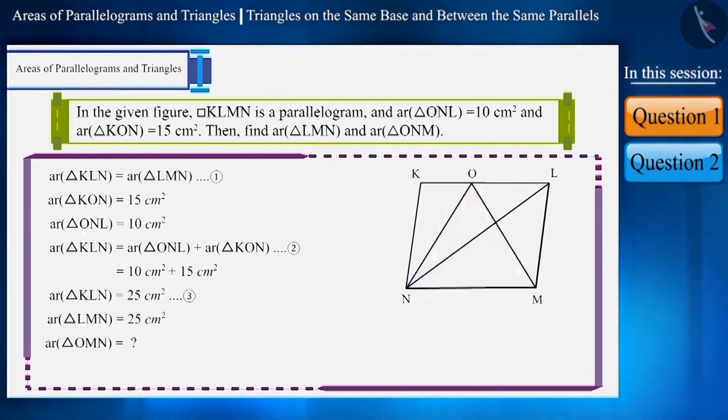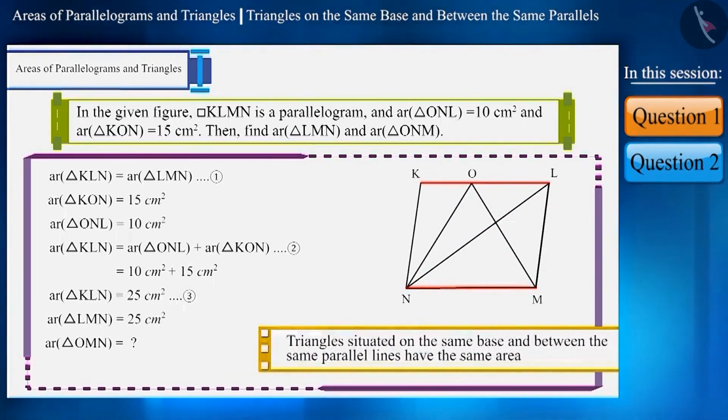We can see that triangle OMN and triangle LMN are on the same base, base MN. And they are situated between the same parallel lines KL and NM.